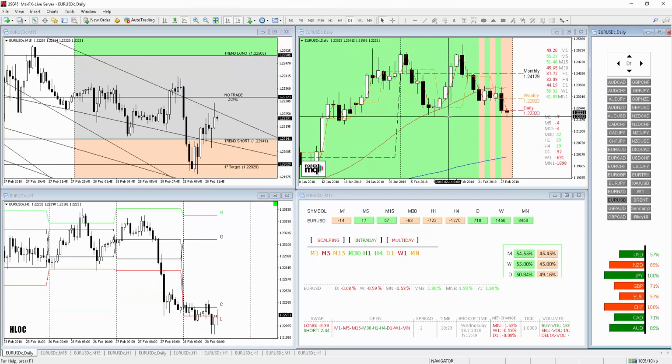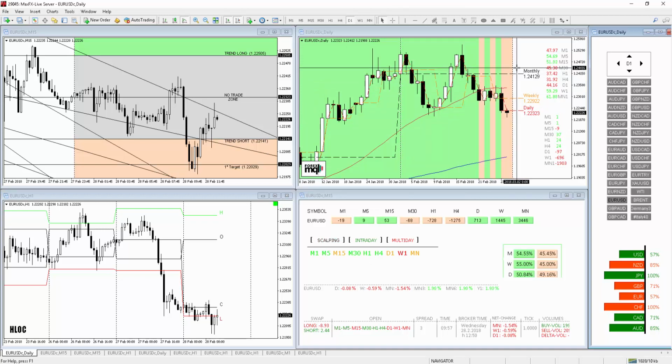The euro dollar is moving in a slight bearish tendency, retracing from the intraday low marked at 121.98. Market seems to be finding resistance along this Fibonacci daily fan, and we have a bearish price action again at a scalping level. The pair is losing 0.08% on a daily basis within a bearish percentage confluence up to the monthly level.